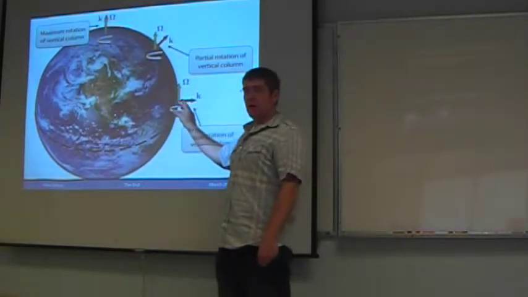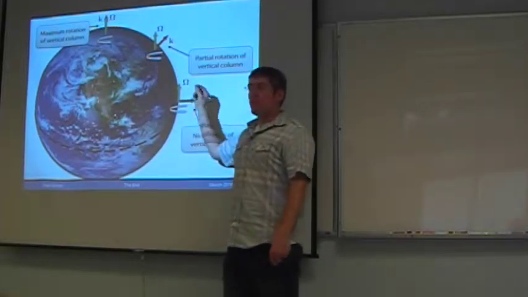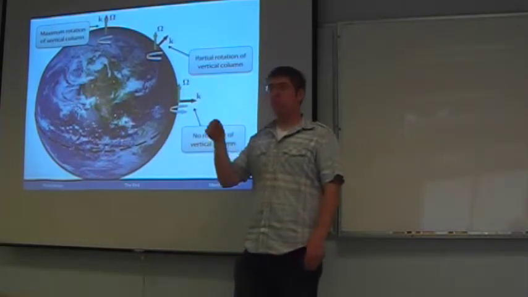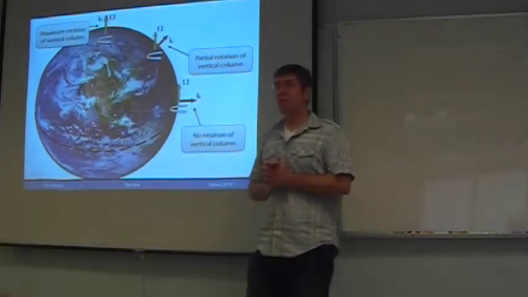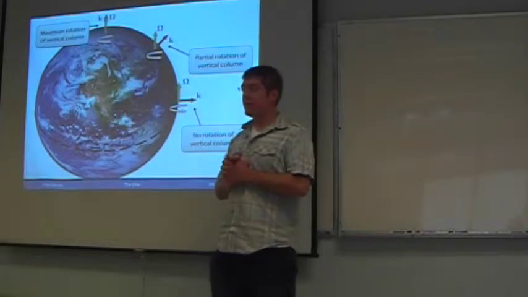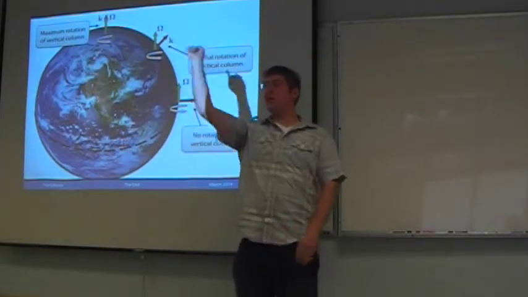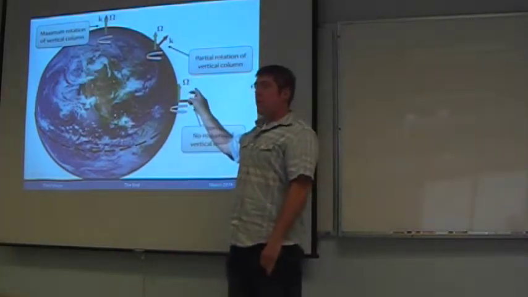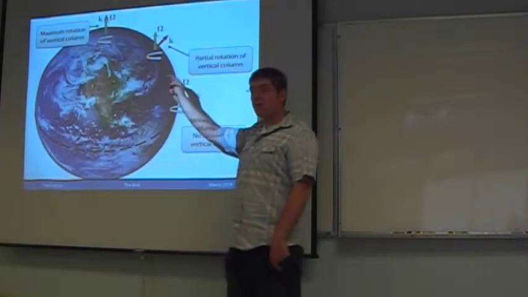Planetary vorticity always points along the axis of rotation associated with the Earth. For vorticity, we are primarily interested in rotation which occurs with an axis perpendicular to the Earth's surface. So although vorticity itself is a 3D vector, the component of vorticity that we're primarily interested in is the vorticity about a vertical axis, that is rotation which is occurring in the horizontal plane. The component of vorticity that contributes to that then varies depending on where on the Earth's surface you are.